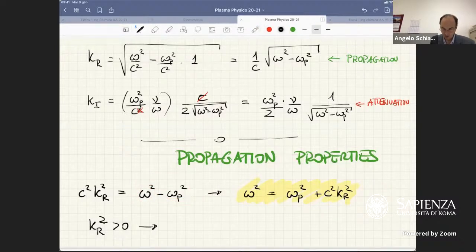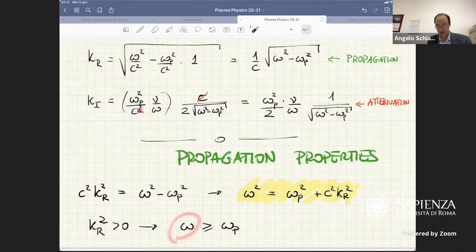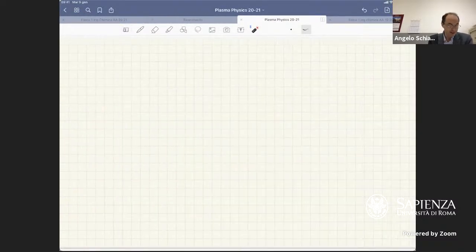So we have to require that omega of the wave must be greater than or equal to the plasma frequency. Okay, this is an important constraint. It means that only solutions that have an angular frequency larger than the local plasma frequency can propagate in the plasma. So let's draw our dispersion relation.